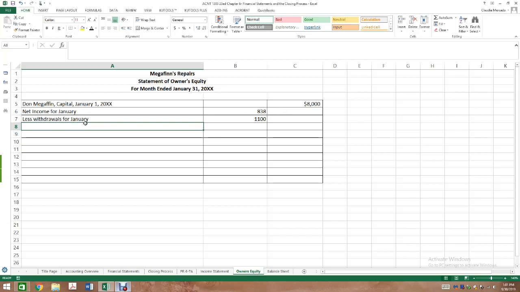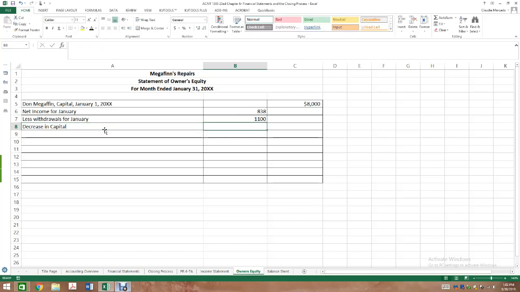You, the owner of the business, withdrew $1,100 from the business. You withdrew more than what the business made. So, is your capital going to increase or decrease? Because you withdrew more than what you made in income during the period, your capital is going to decrease.